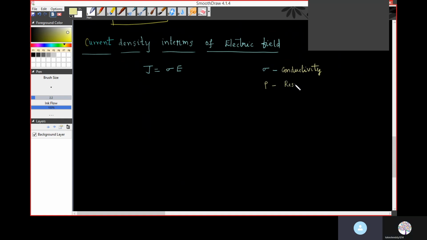Now the relation between conductivity and resistivity is that conductivity is equal to 1 by resistivity.